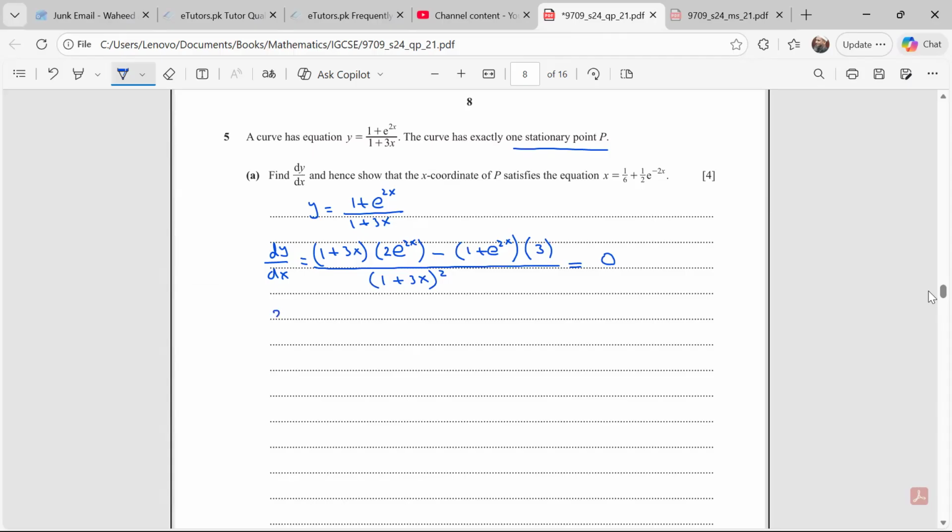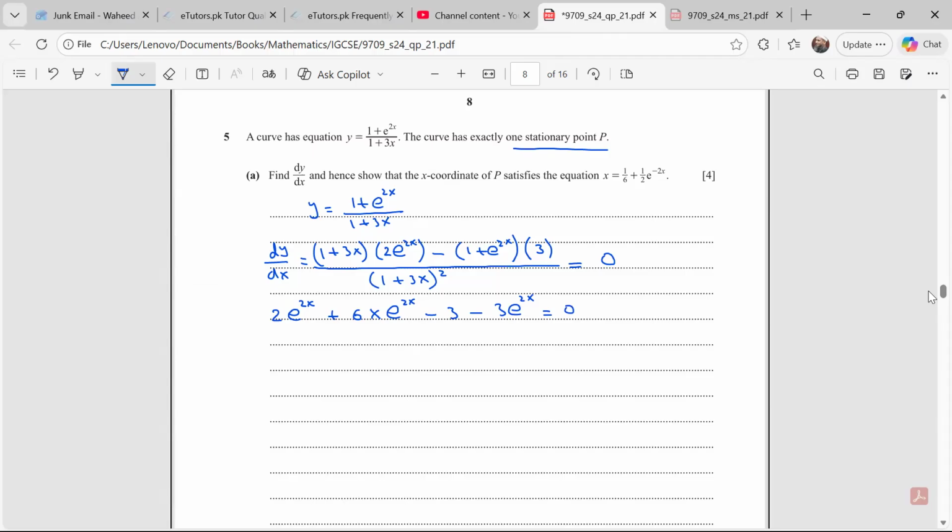So this is going to be 2 e to the power 2x into 1 plus 3x, so this will become 6x e to the power 2x, and minus 3 e to the power 2x, equals 0.